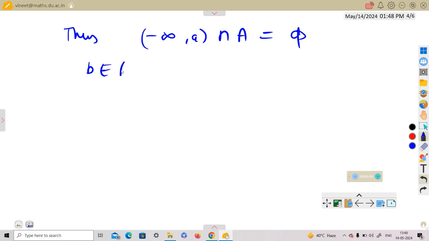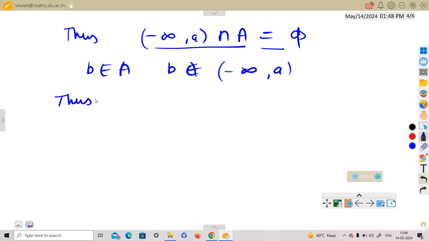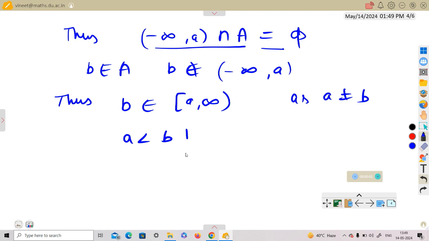Now b belongs to A, so b cannot belong to this, because if so, this cannot be empty, since b would belong to the intersection. Thus, where must b belong? b must belong to a to infinity. As a is not equal to b, we have a is less than b.